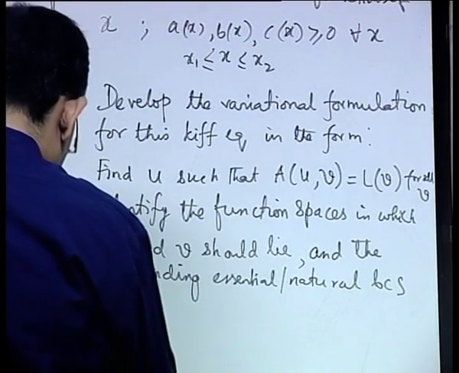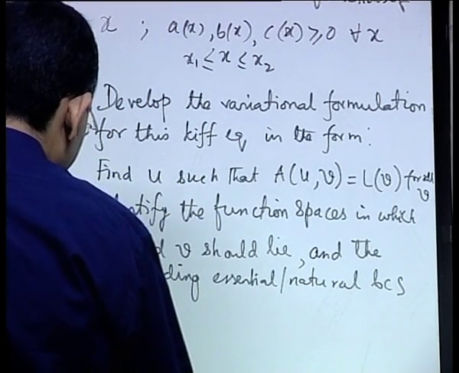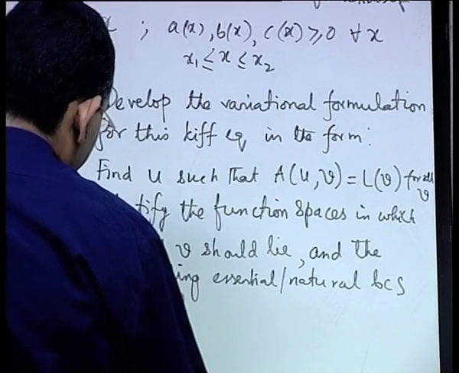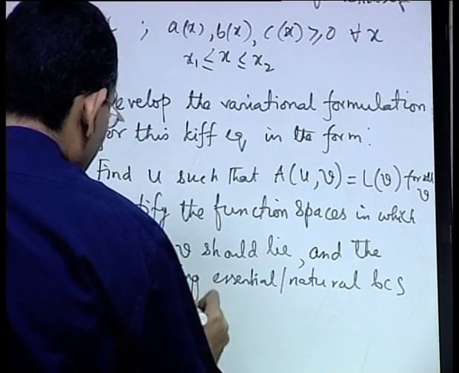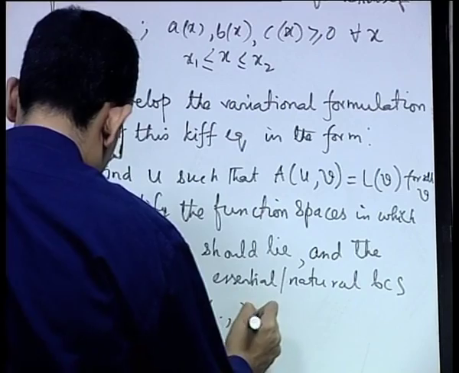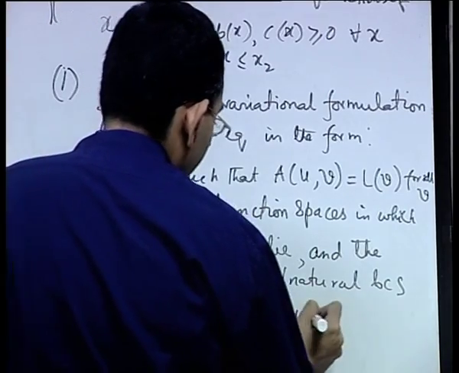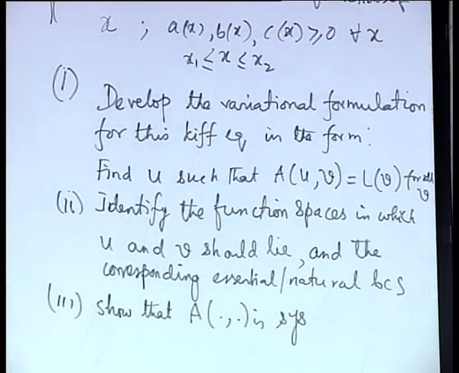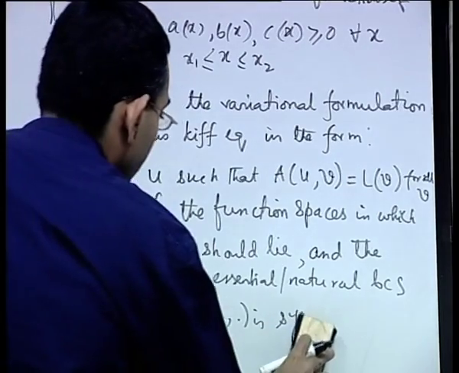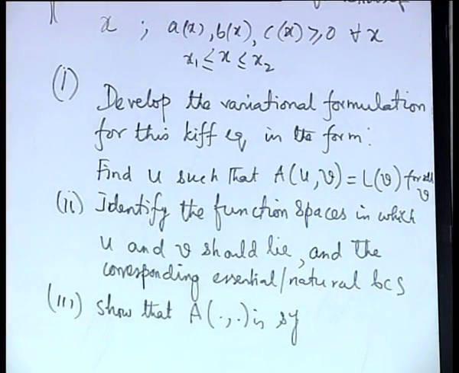Number 3: show that A is symmetric and positive definite.